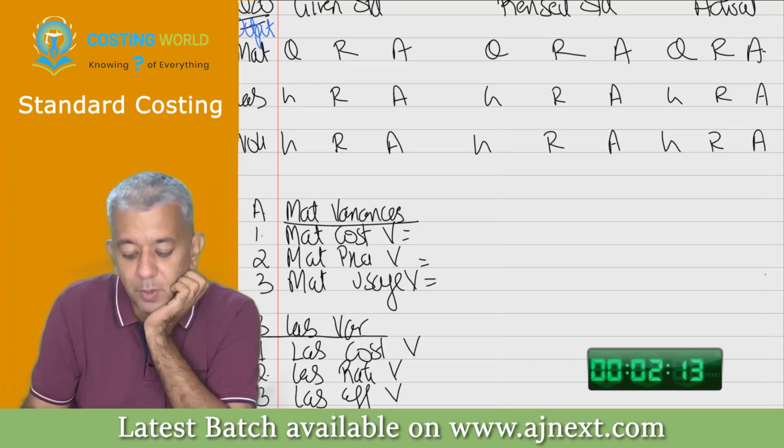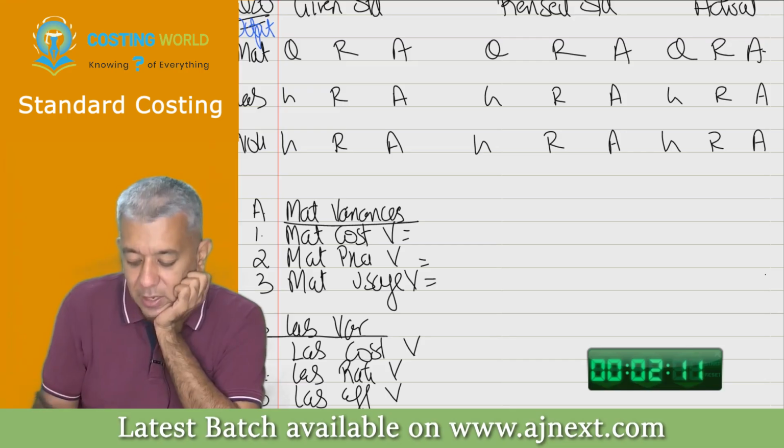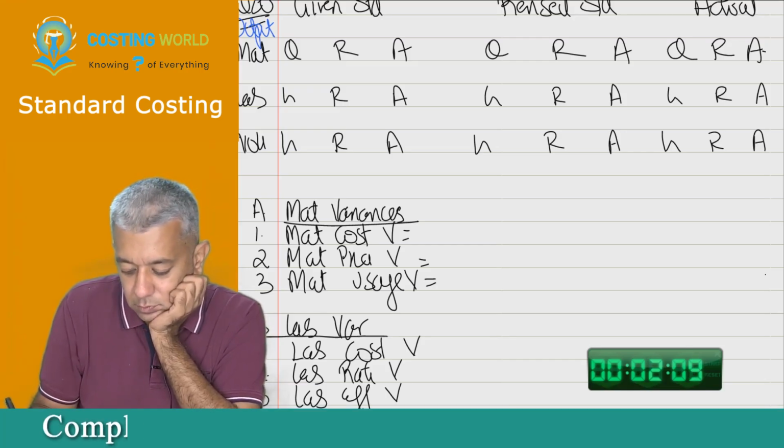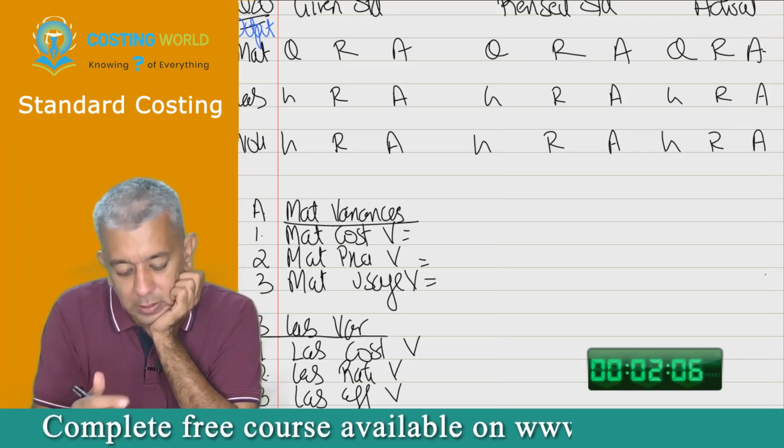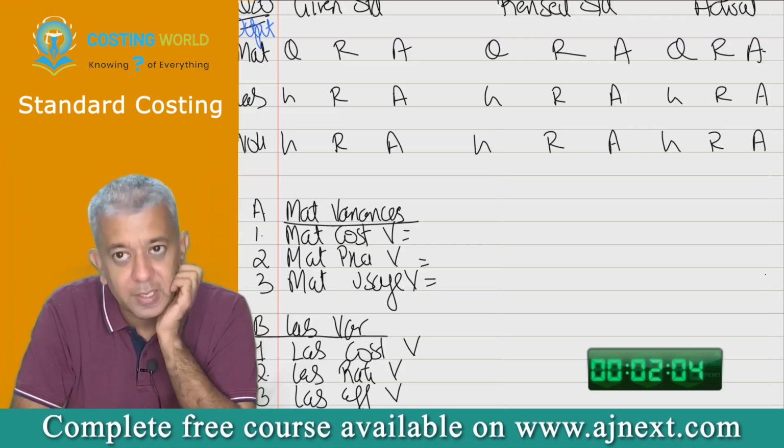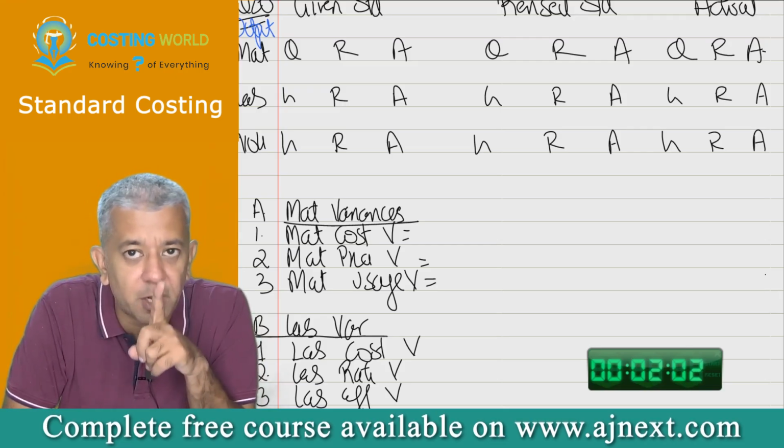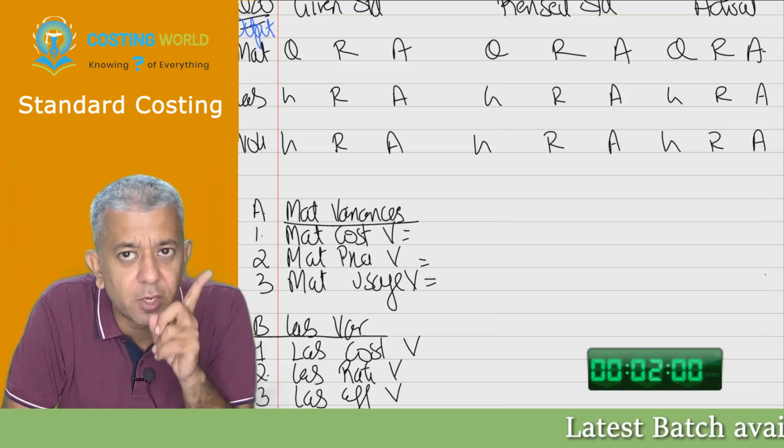If somebody can tell me all the 10 variances of material and labor of the previous question, please. Or you all complete this, then I will try to make the format. Is that question done? Because else you all will require more time. Is that question done or are you all still doing it?